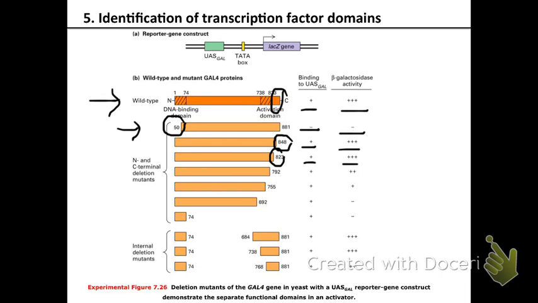And you make a little bit more deletion, and now you started affecting the activation because you see a little bit less transcription of the reporter, and you make more and more deletions, and you can see that now the activating ability of the protein is gone. But it is still capable of binding to DNA because it still contains the DNA binding domain at the N-terminus, right?